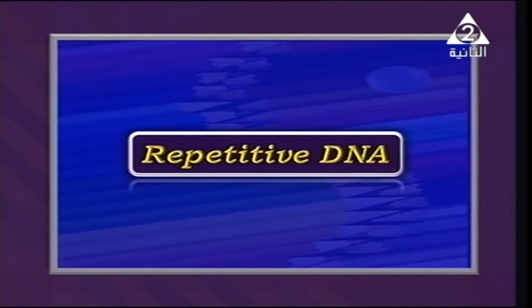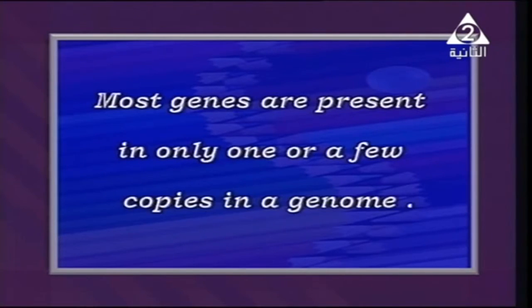Well, we have here the repetitive DNA. How is the DNA repetitive, and what is the importance of this part of the DNA? Most genes are present in only one or a few copies in the human genome.